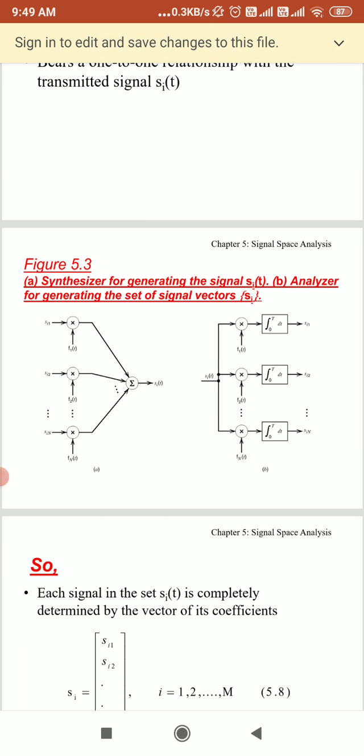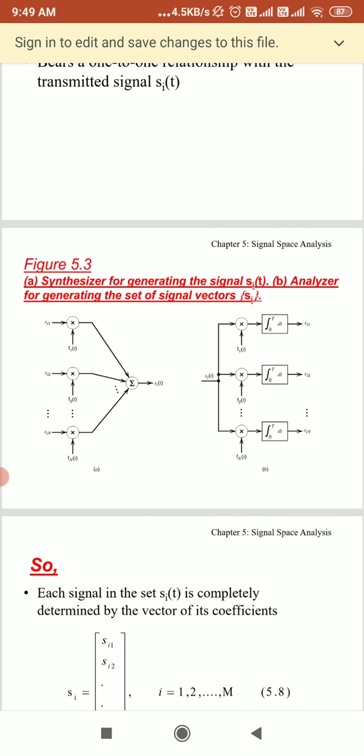Here we have seen the synthesizer and the analyzer for the set of signal vectors. At the synthesizer we take the signal as Si of t, and at the analyzer we generate the signal Sj of t.